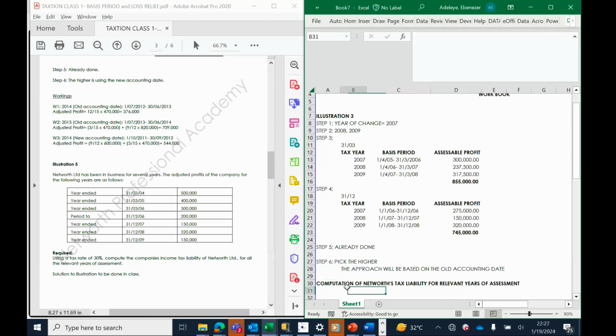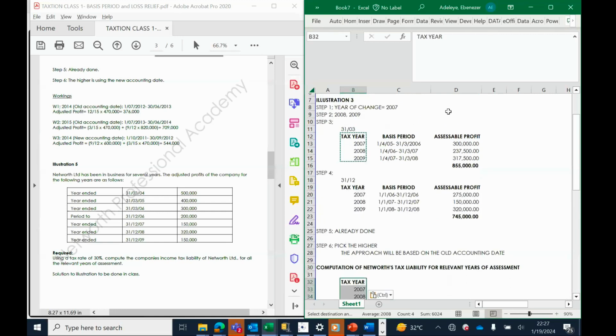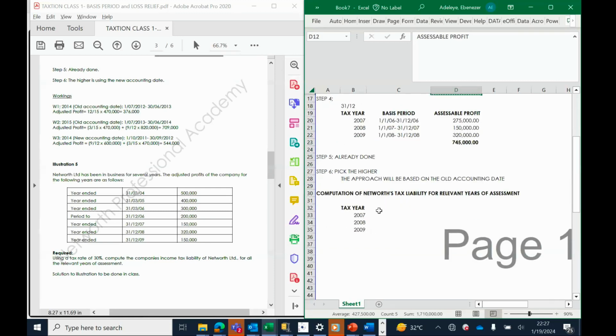Okay. So all you now have to do is copy the tax here. In this case, you might not need the basis period anymore. Let's copy the tax down. I'd like to remind you that in your case, you'll be writing what you're doing here, and you don't need this total anymore. Then you now have your tax liability.